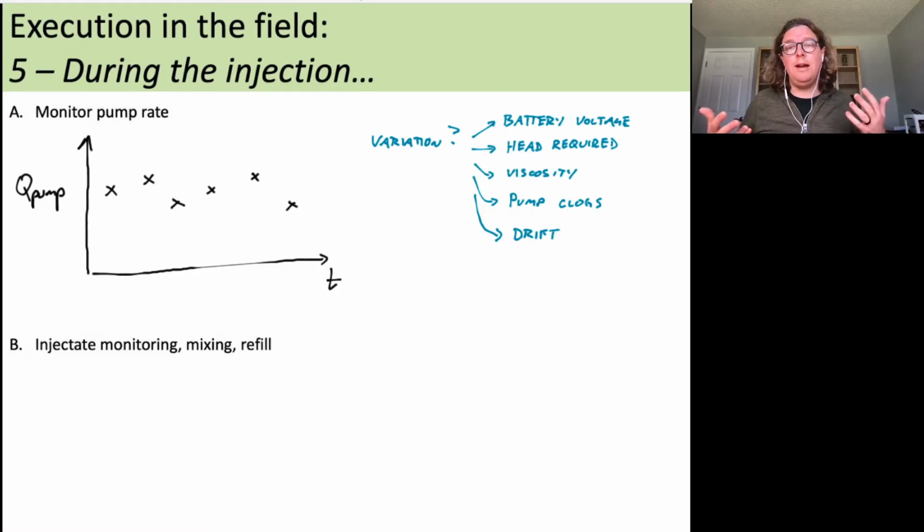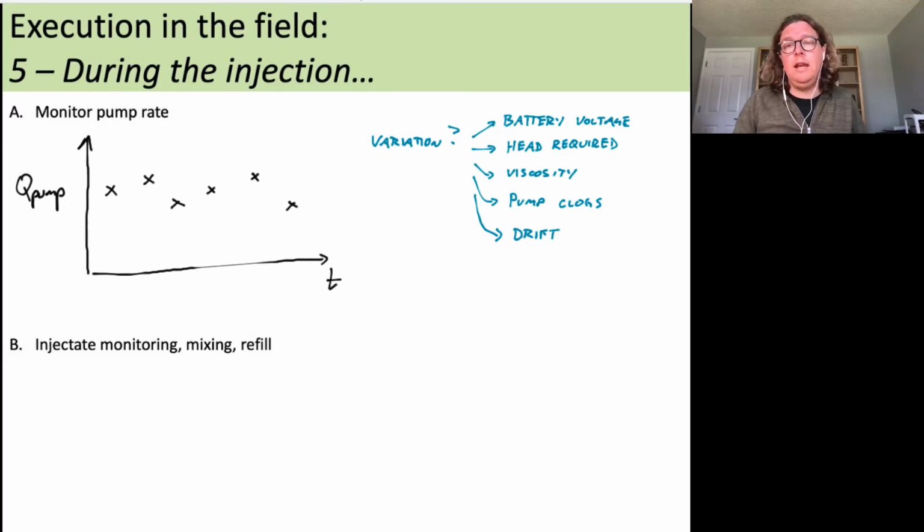What this means in a practical sense is when your reservoir is full, it doesn't take so much energy to move that water up out of the reservoir. When your mixing reservoir is almost empty, you've got a lot more energy required to pull fluid out. So as the head changes but the pump power doesn't, fluid mechanics tells us that we should be getting a different flow rate through the system.